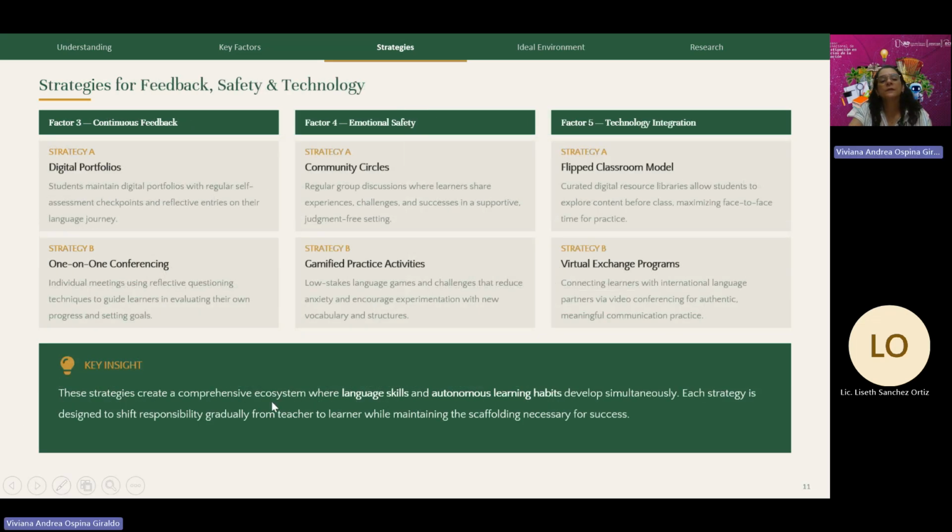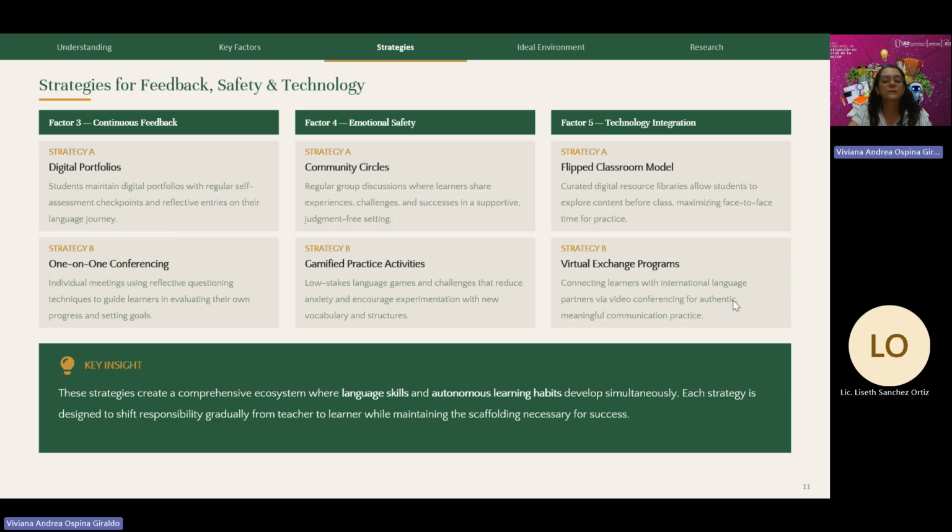Other strategies that we could use are digital portfolios. We can have community circles when it comes to emotional safety. Other strategies could be a flipped classroom model or a virtual exchange program.